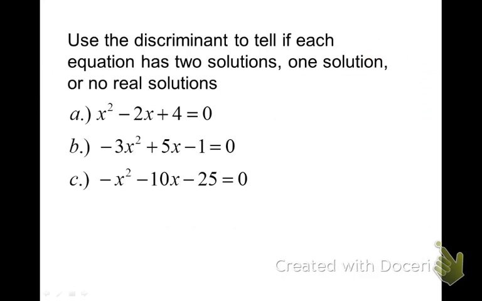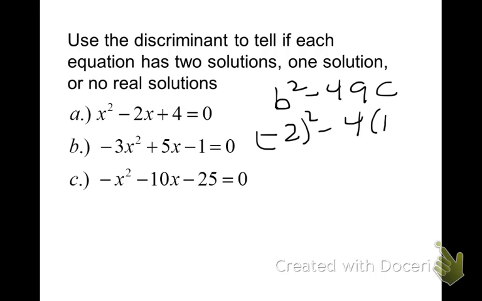Alright, so here we go. We have different problems to try, and the very first one here is x squared minus 2x plus 4 equals 0. So we're going to say b squared minus 4ac, and in this problem the b is negative 2, so we have negative 2 squared minus 4 times 1 times 4.